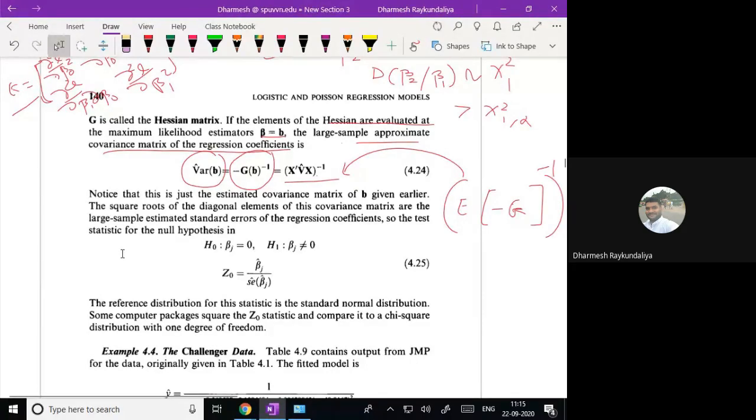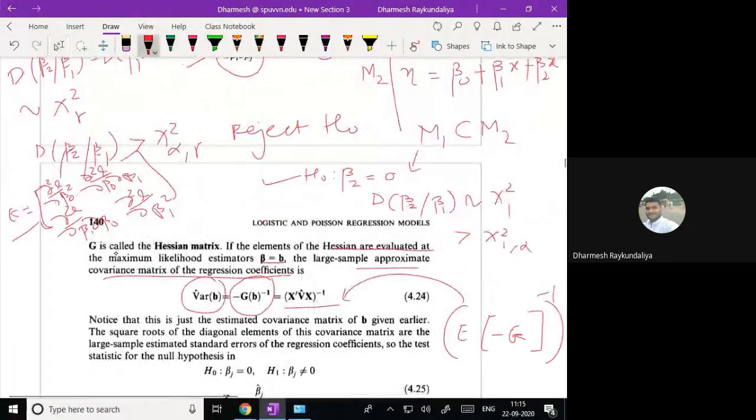So now if we know the b's and the corresponding variance covariance matrix, then the diagonal elements of the inverse, multiplied by minus, give the variances of the corresponding estimators.